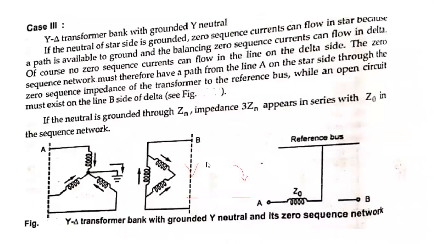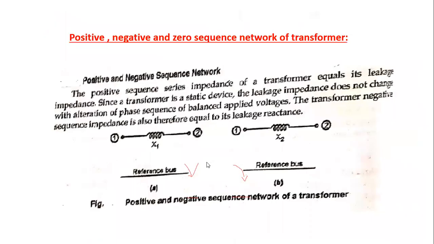These are the various cases for drawing the zero sequence network, and this is the positive and negative sequence diagrams for the transformer. When we are given the transformer, the positive sequence, negative sequence and zero sequence symmetrical components will be like this.